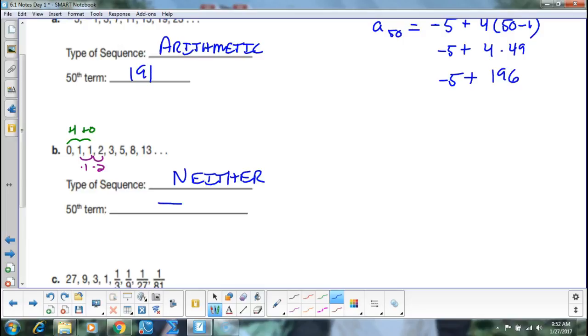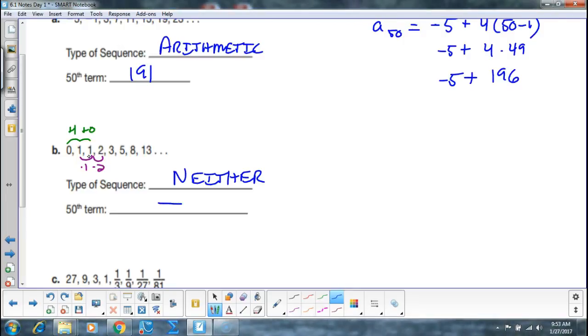So 0 plus 1 is 1, 1 plus 1 is 2, 2 plus 1 is 3, 3 plus 2 is 5, 5 plus 3 is 8, so you're adding the previous two to get the next one. So we could find the 50th term because there's a pattern. It would just force us to figure out the first 49 terms, okay? Which ain't fun.